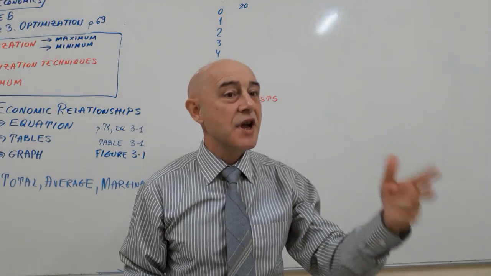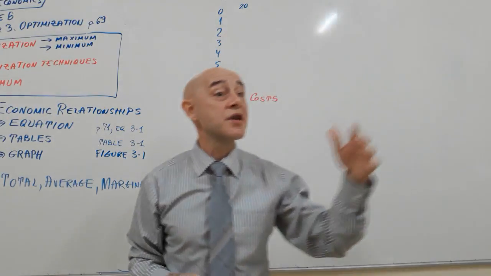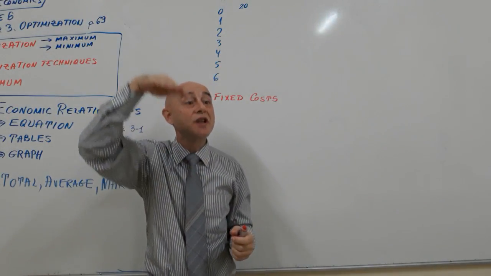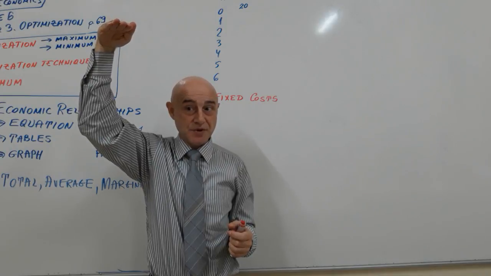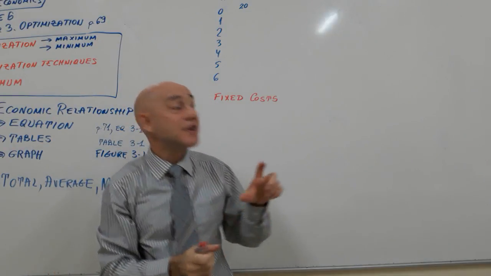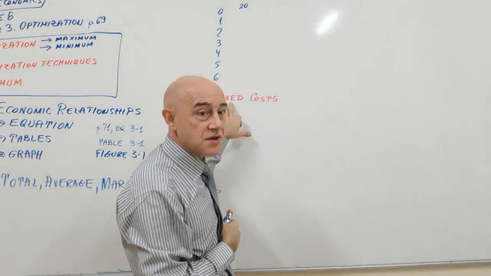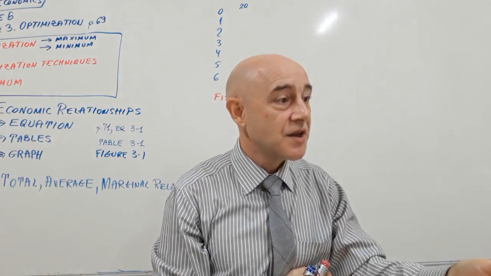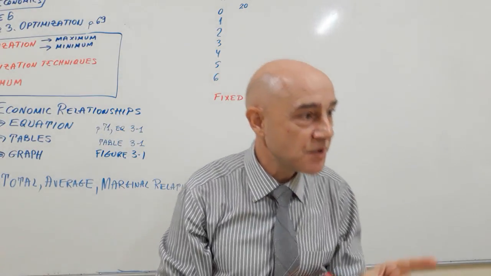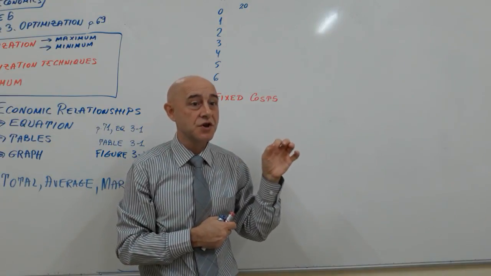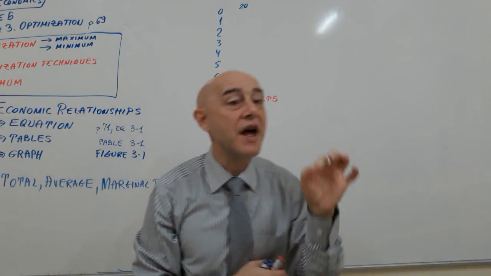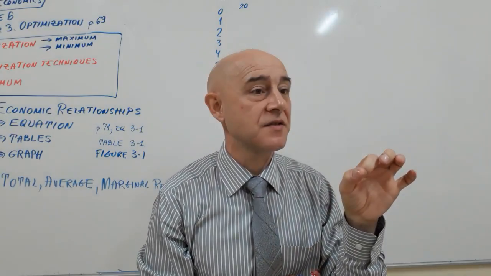Now, if you have 2 customers or 20 customers or 200 customers, your costs will increase with customers, but you will have fixed cost. That will be your rent, whether you have 100 customers or 1 or 0 or 1,000, you have to pay rent.